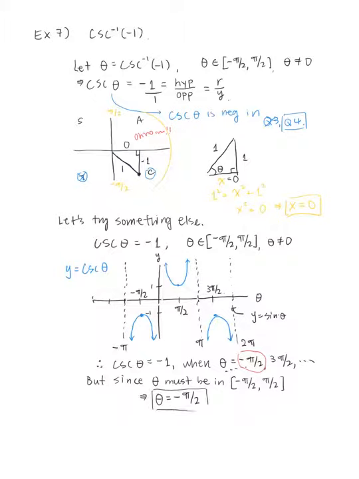Now what was our theta? Go back to the very top. Our theta equals cosecant inverse of -1. That's what we're looking for. So therefore, cosecant inverse of -1 is -pi/2. That was a little tricky one, but by looking at the graph, we can always determine the value of the trig inverse functions.